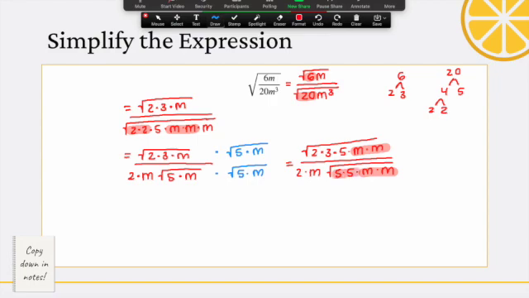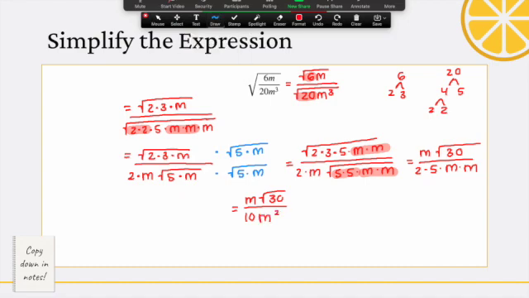On the bottom, both the 5 and the m come out. So we're left with m, 2 times 3 times 5, that equals 30. On the bottom, we have 2 times 5 times m, which would be m square root of 30 over 10 m to the power of 2.